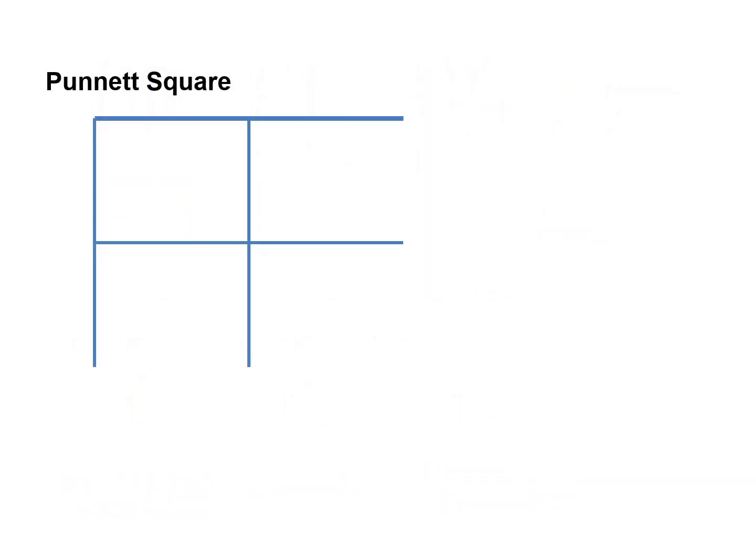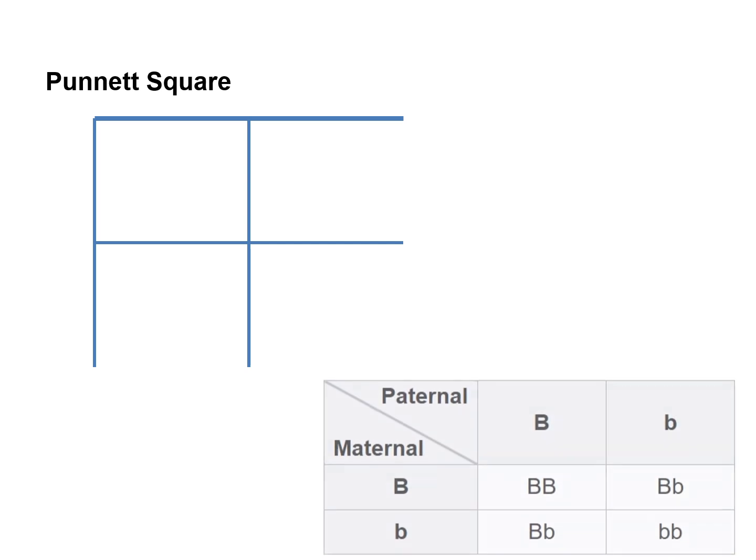And once Gregor Mendel figured out this idea of dominance, he was actually, in a brilliant way, able to determine the probability of traits. This is known as a Punnett square, and I've got one filled out here.